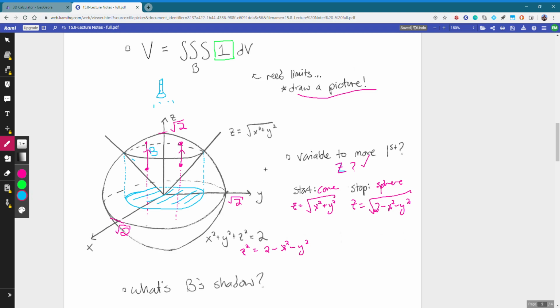And now, pop quiz. What's the radius of that disk going to be?